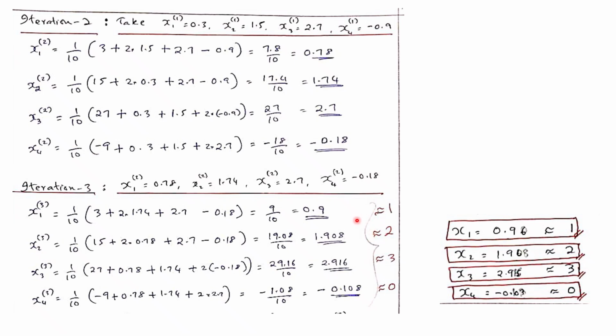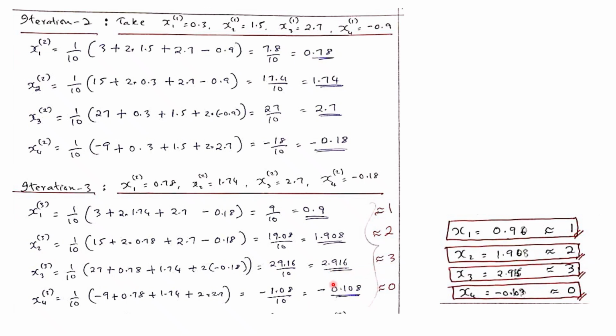Finally we stop here because we are asked to carry out only 3 iterations. Now we round off to the nearest whole number. 0.9 rounds to 1, so x1 is approximately 1. x2 is 1.908, approximately 2. x3 is 2.9, approximately 3.